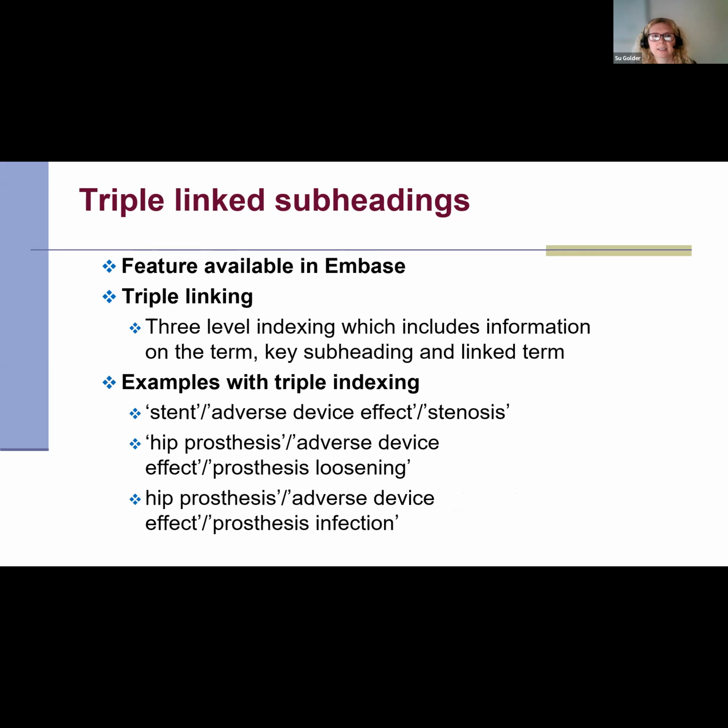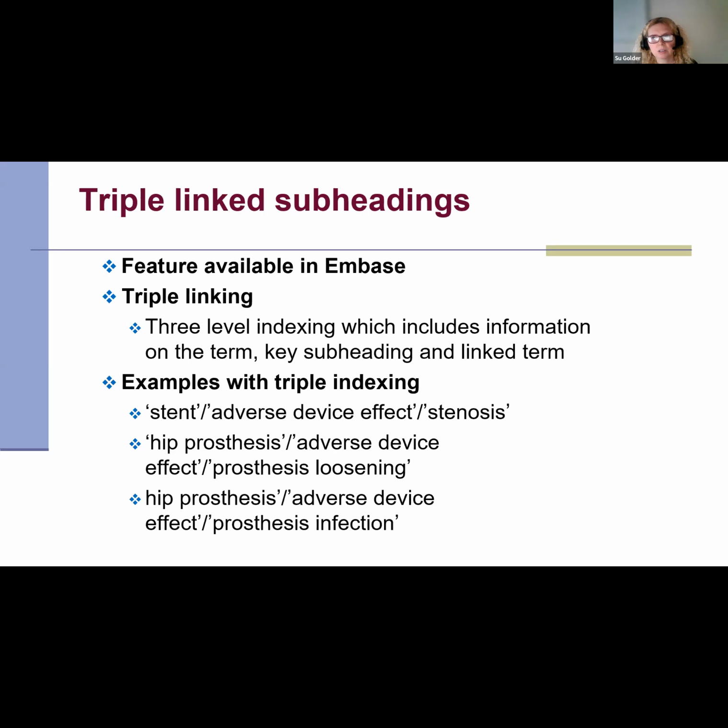The triple linked subheadings is something particular to Embase, and it's easiest to do in embase.com. So this is where you have literally triple indexing: the intervention, the adverse event, and the named adverse event.